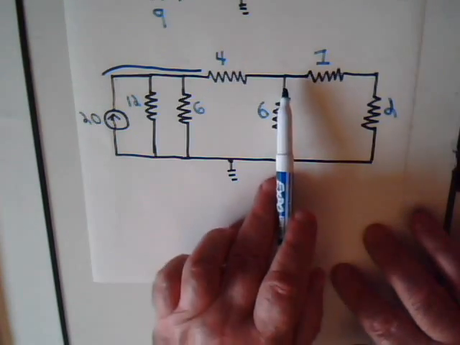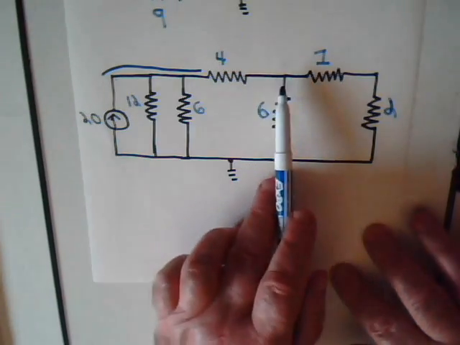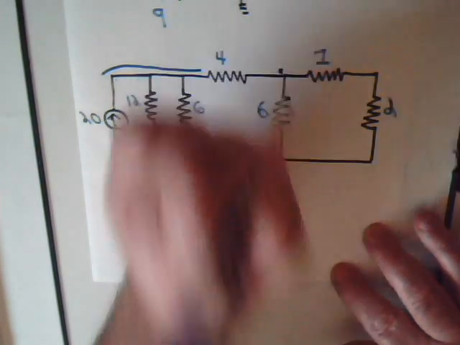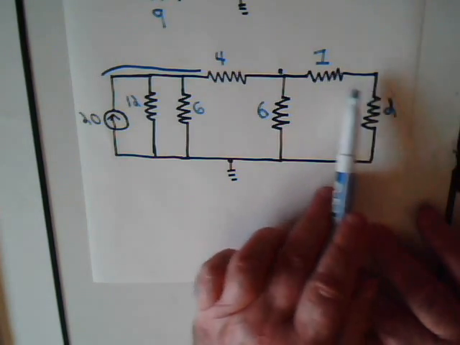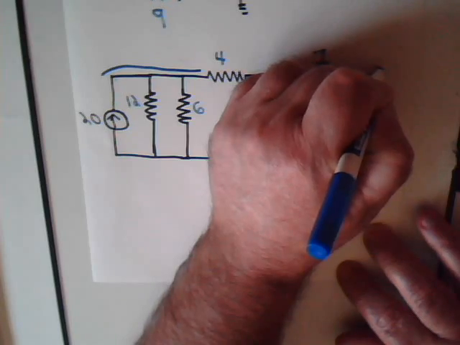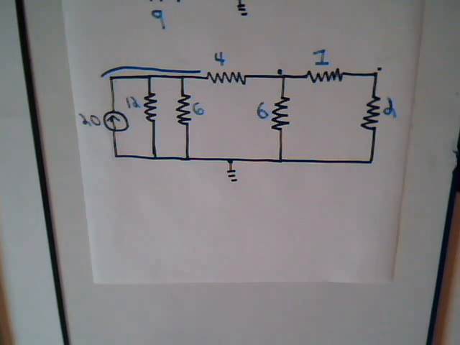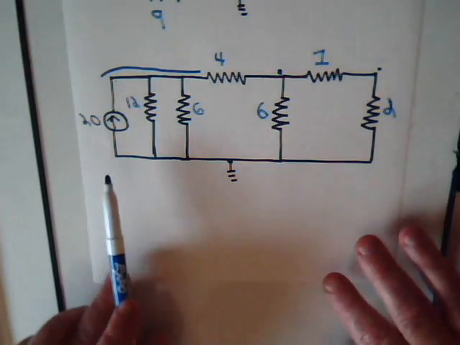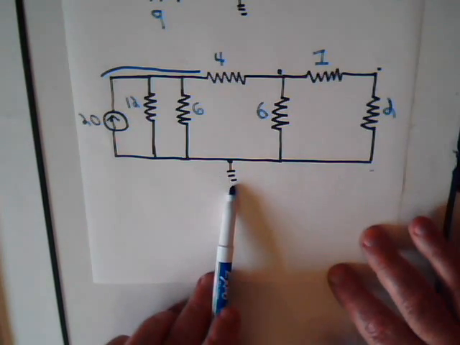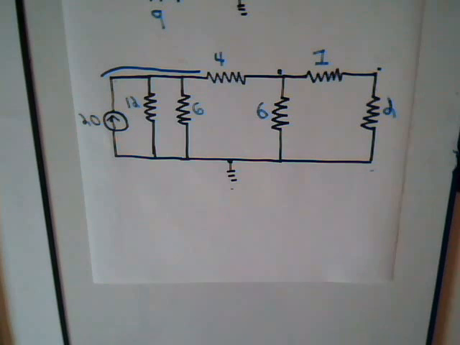And then here's a branch, here's a branch, and here's a branch. So here's a second node. And then here's a branch and here's a branch. So here is a third node. And then down here in the bottom part of the circuit, all of these just come together into a single node, and this node is grounded.